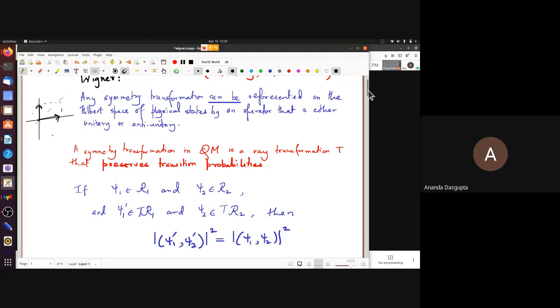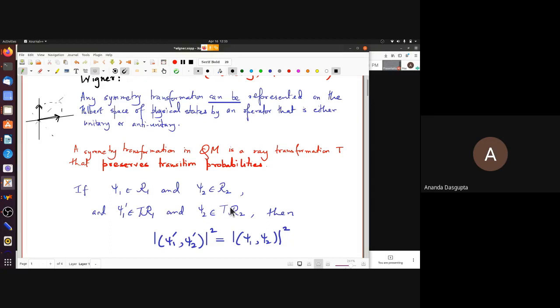So it changes our description of the states, but what it really changes are the rays, not the vectors directly. So basically what you are saying is, if you take a vector psi1 from a ray R1 and a vector psi2 from a ray R2, then R1 under this transformation goes to another ray TR1, R2 goes to another ray TR2.